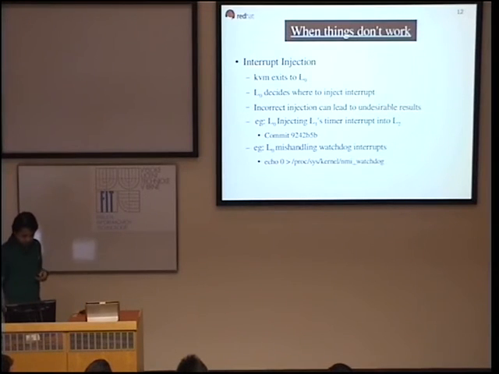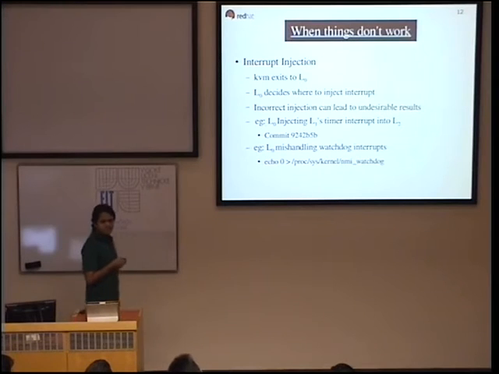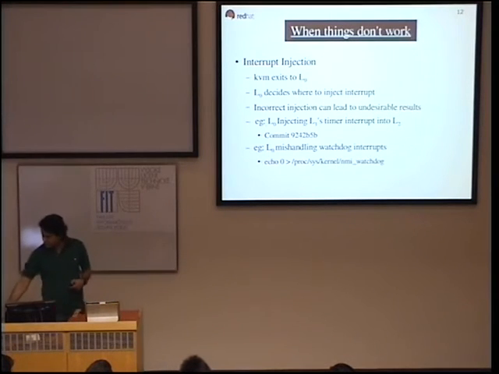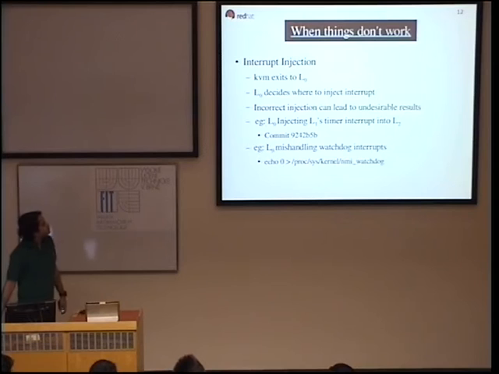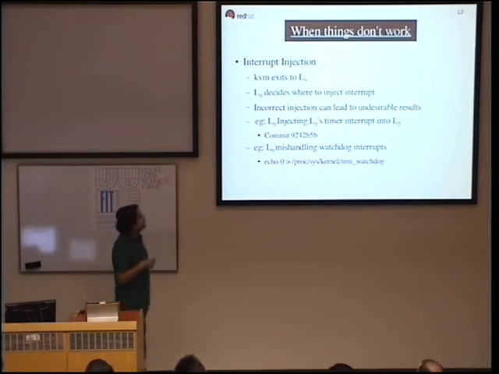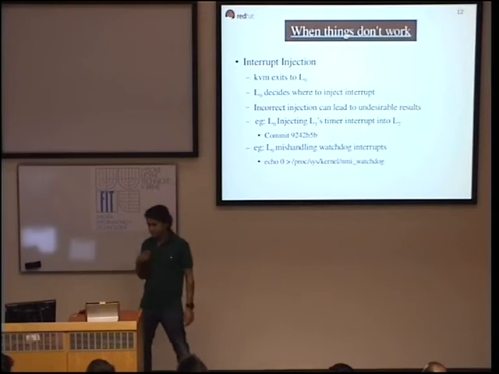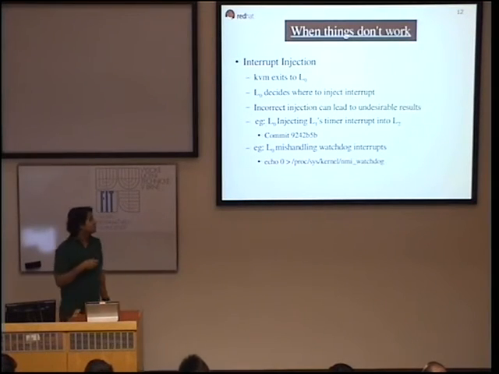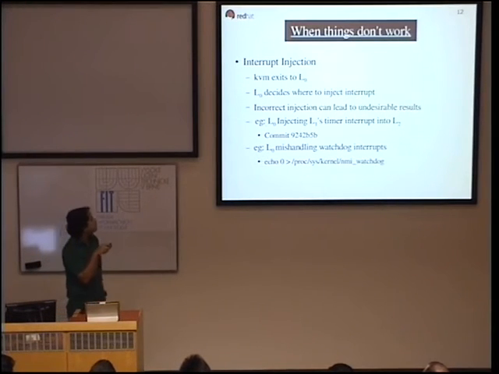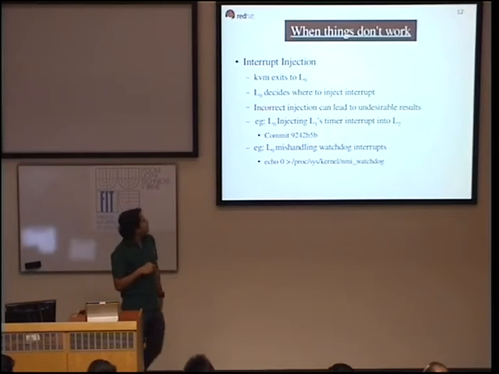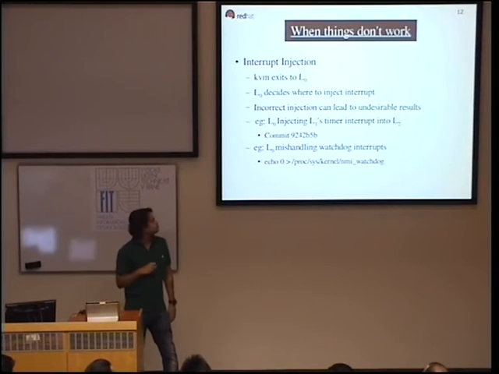The next is interrupt injection. As we saw in this slide, there's a lot of back and forth going on. One of the reasons for the back and forth is interrupts, right? There is an external interrupt, and then the processor jumps back to L0, the red box at the bottom, and it decides what to do with it.